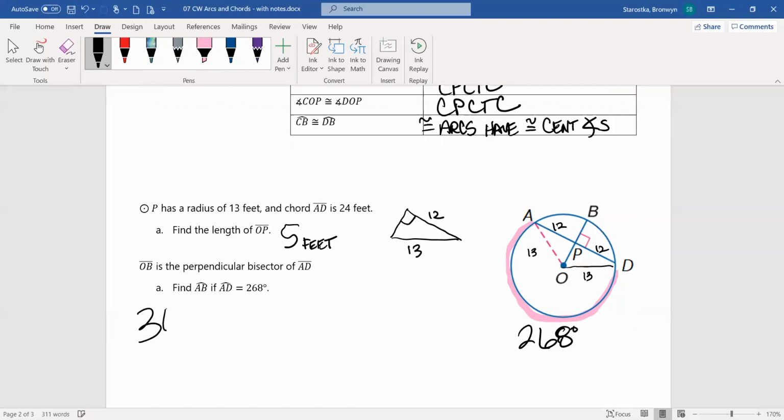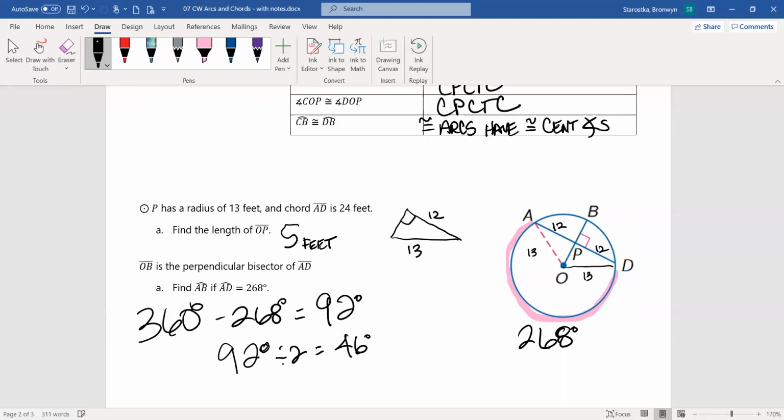So 360 degrees minus 268. That's 92. And we cut that in half. So 92 divided by 2 is 46. And so AB is 46 degrees.